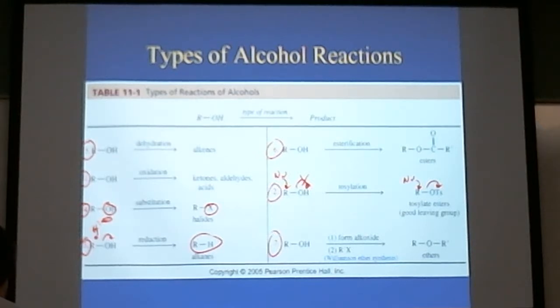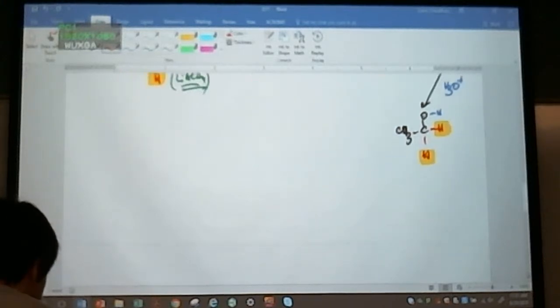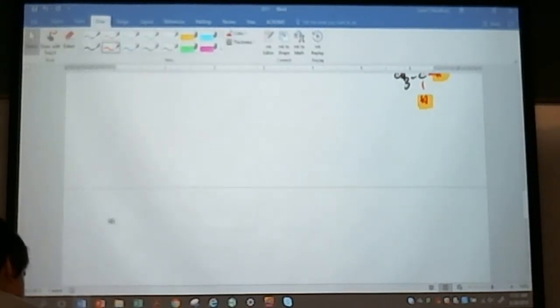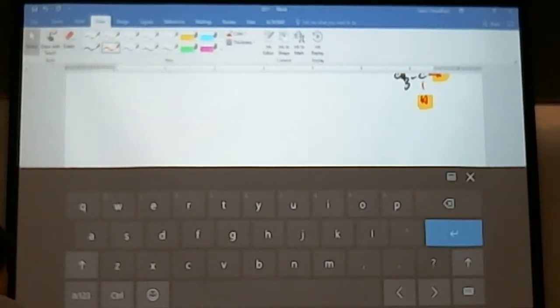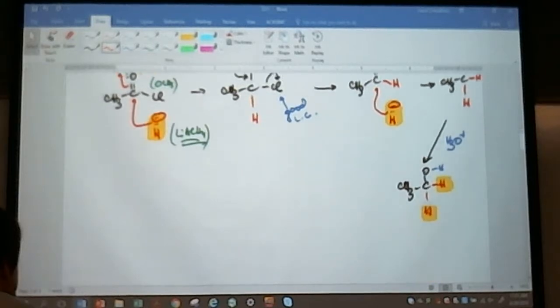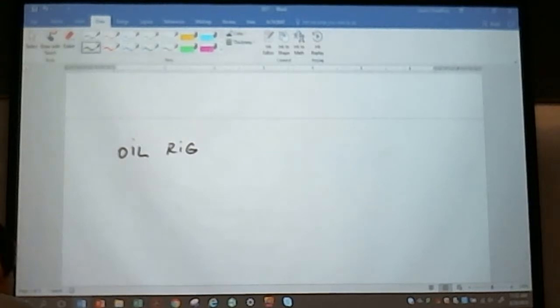First, starting with oxidation. We just looked at what is reduction, right? In general chemistry, you studied the fact that oxidation is the loss of electrons and reduction is the gain of electrons, right?